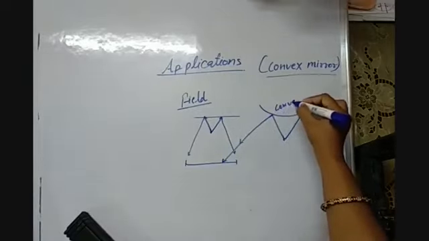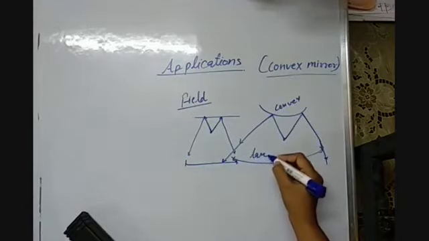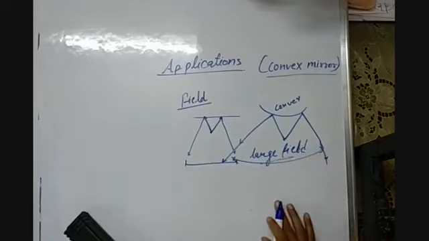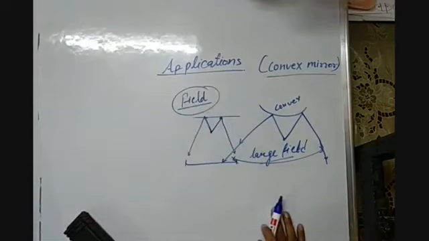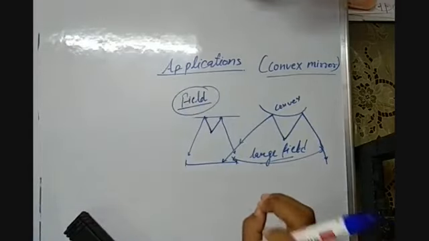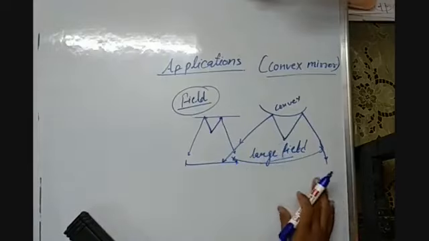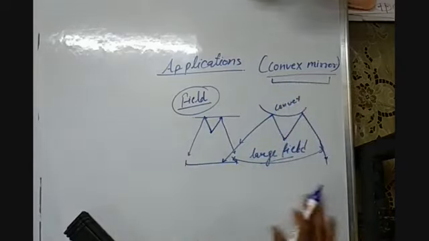So this is how we are getting a large field of view using a convex mirror. So the things to be noted are that the field of view of a convex mirror is large, and a complete smaller erect image of an object, even of a very big object, can be obtained using a convex mirror only. So this is all about today's lecture.